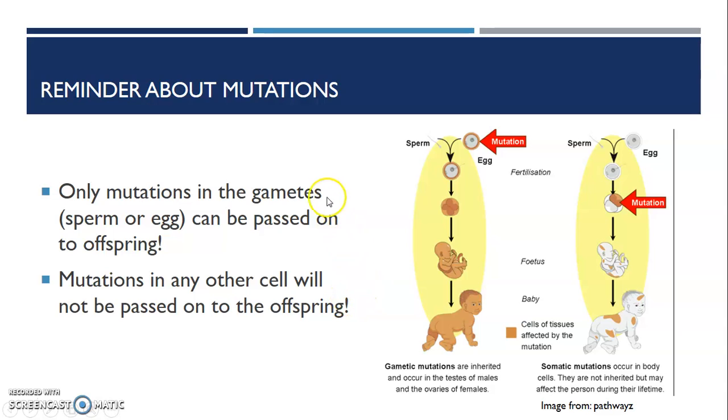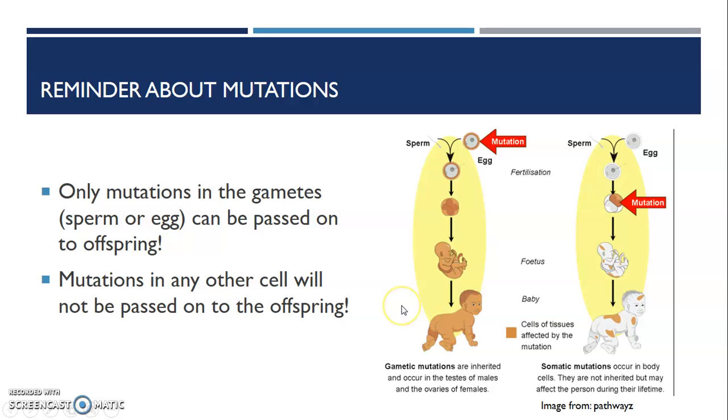One last thing about mutations. Mutations can be passed on from parent to offspring only if the mutation is in the gametes, so in the sperm or the egg. If you get a mutation in a skin cell, like if I were to get skin cancer, I wouldn't pass that on to my offspring, because that mutation in the gene is only in my skin cells and the skin cells that form from that one cell, not in the eggs.